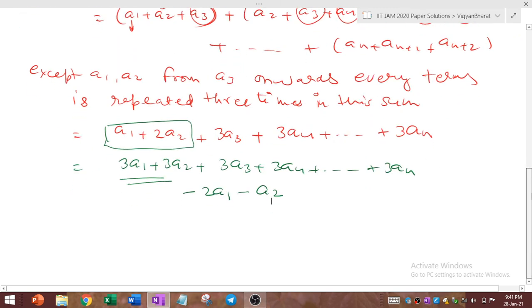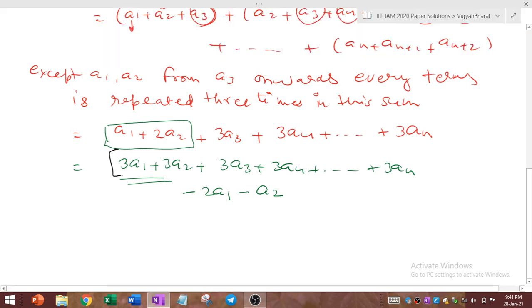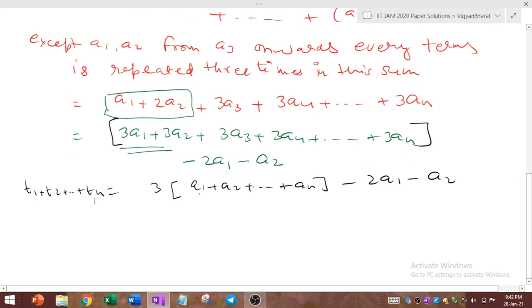Why have I written it like that? Because this expression can be rewritten as 3 times A1 plus A2 till An minus twice A1 minus A2. Now this is T1 plus T2 plus up to Tn on the right hand side. On the left hand side, this is basically this expression.